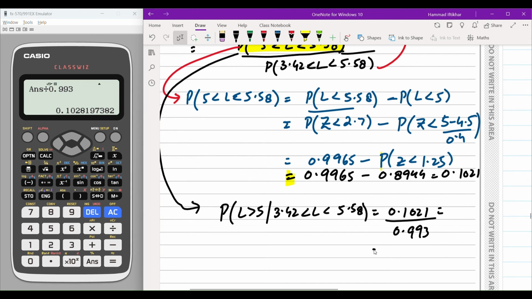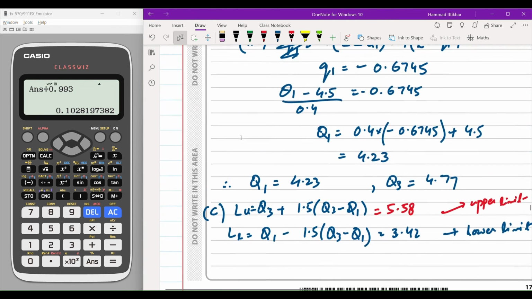That is 0.103. So we can also write it as 0.103, or 0.103 was also sufficient.